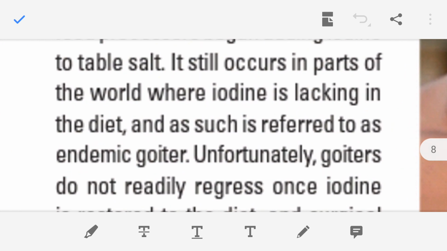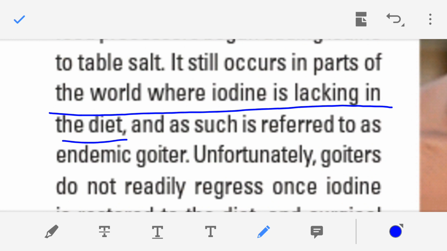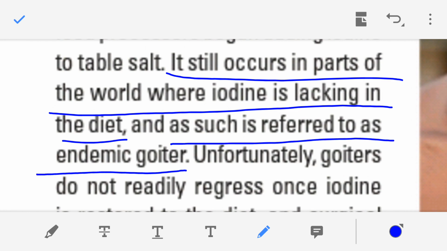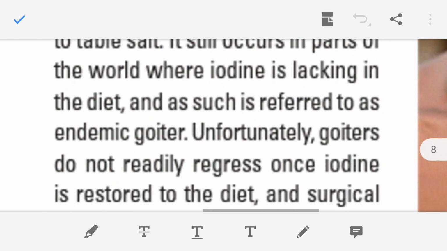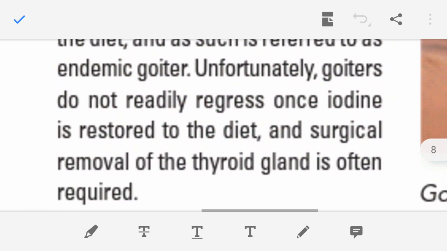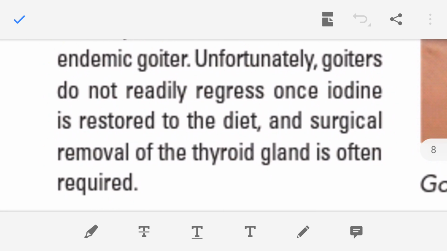Nowadays, goiter still occurs in parts of the world where iodine is lacking in the diet. People who are consuming food without iodine are also suffering from goiter, and these cases are known as endemic goiter. Endemic means a disease or disorder of a particular geographical area.